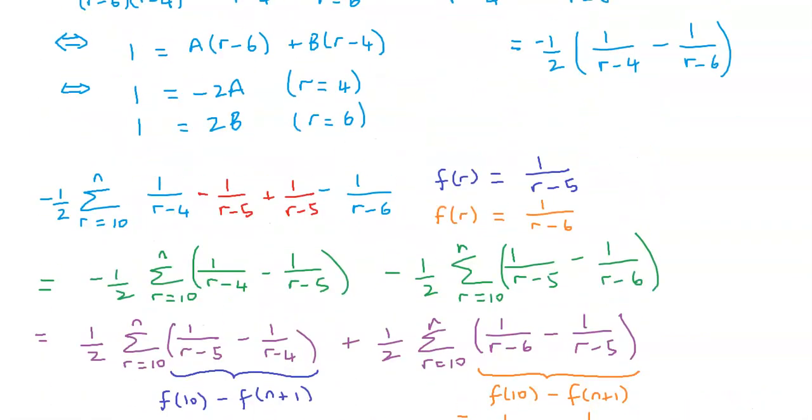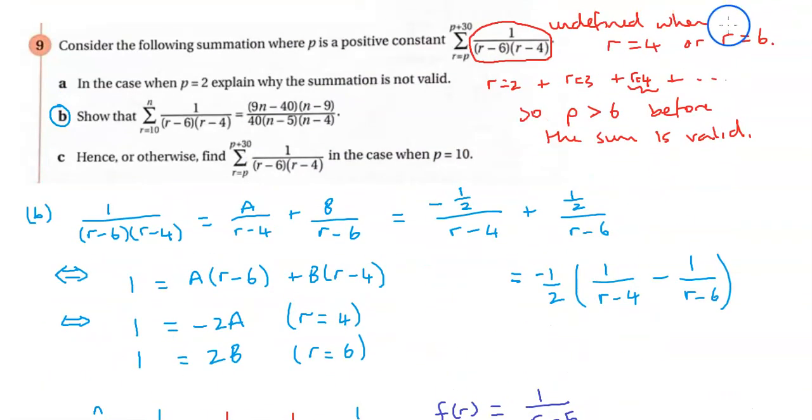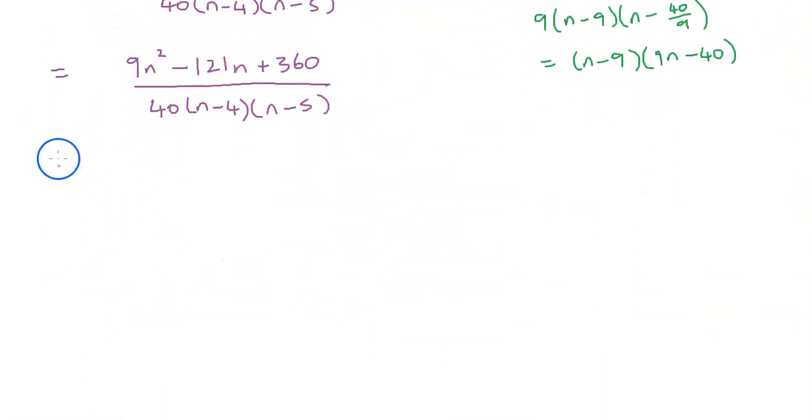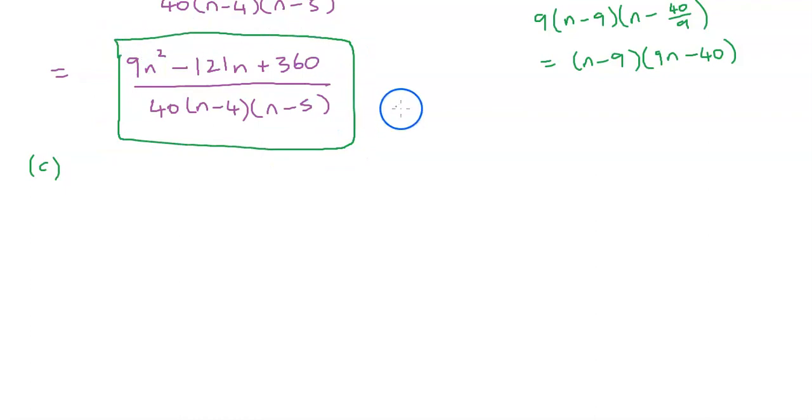Okay, for the last part of this question, it just says do it in the case where p equals 10. So we're starting at 10 and we're ending at 40. So it's basically just n equals 40. So let's take care of part C. So it's exactly this, but n equals 40.